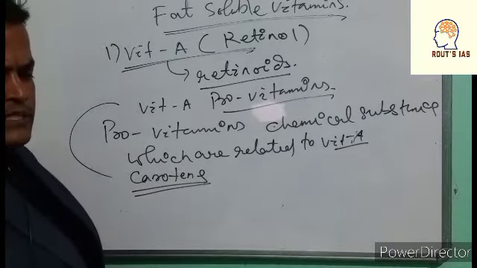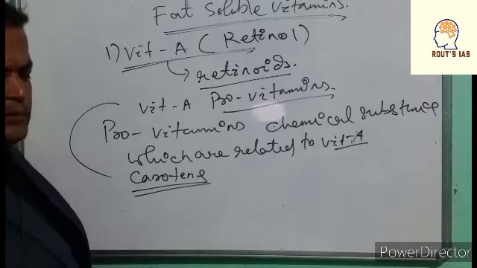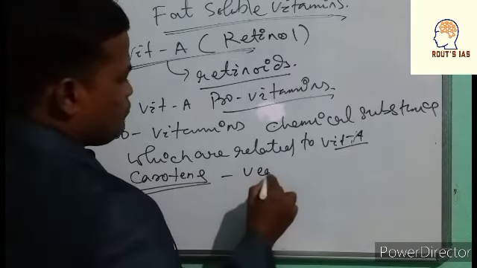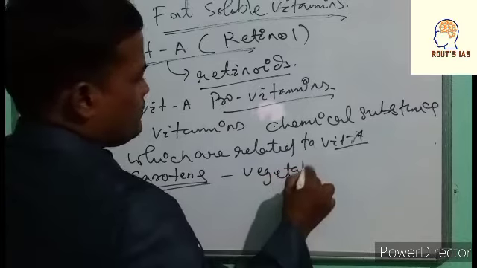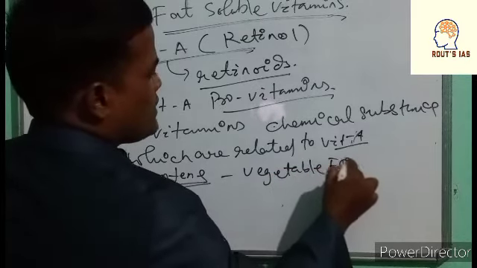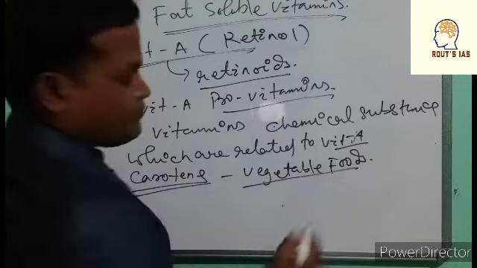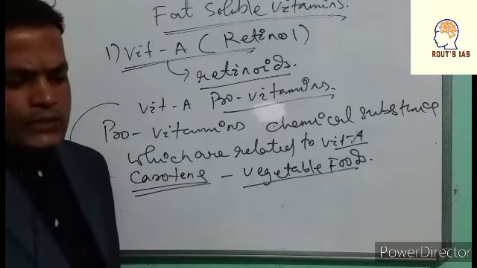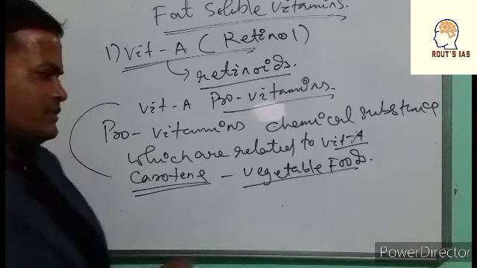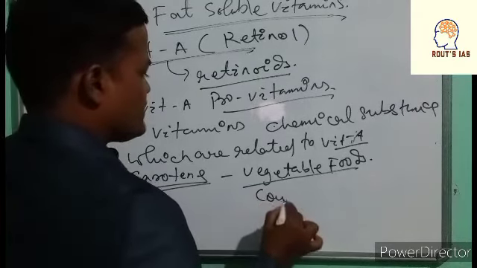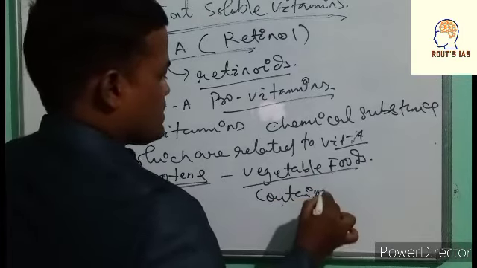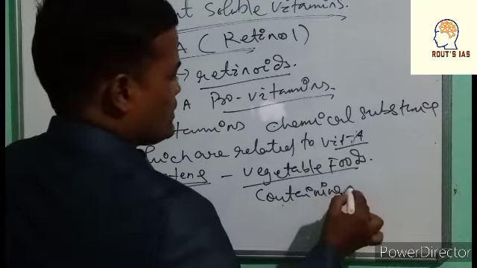Sources of these vitamins are what? Vegetable foods which contain yellow pigments, yellow color fruits and vegetables.